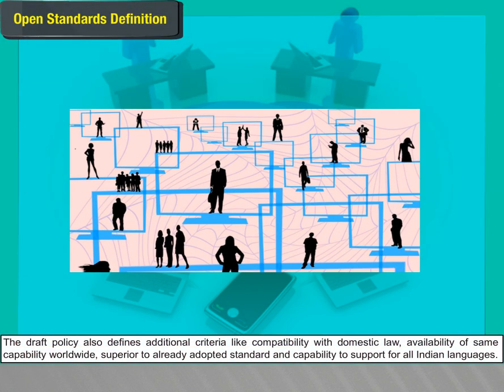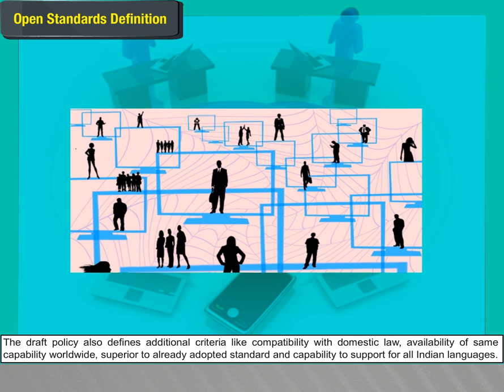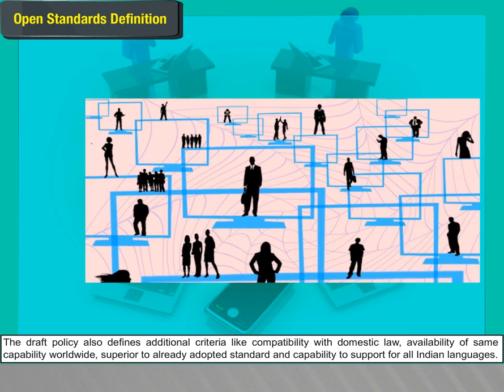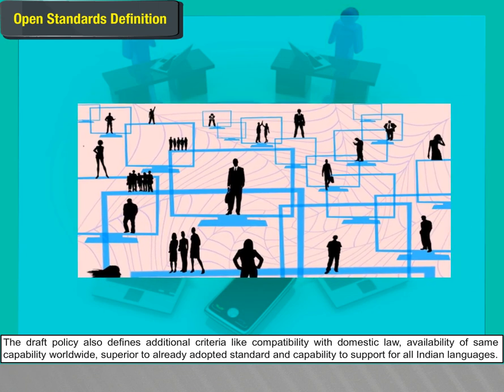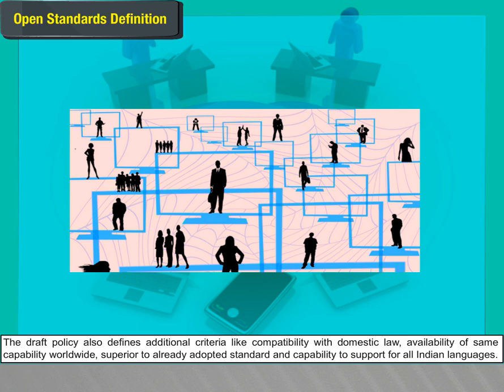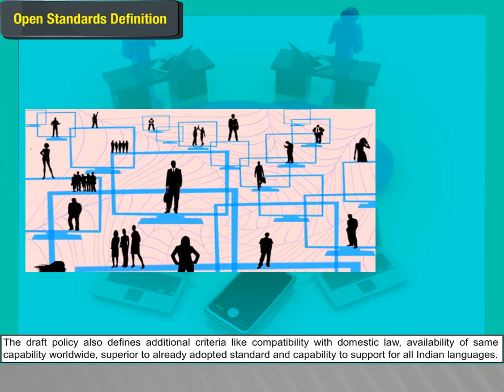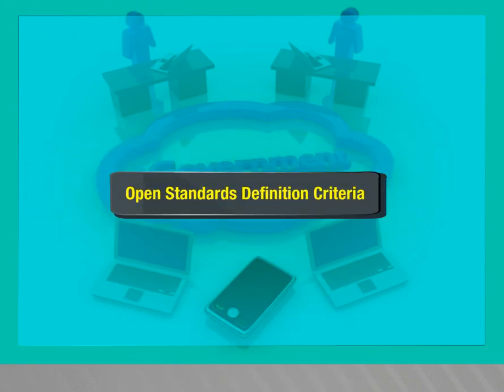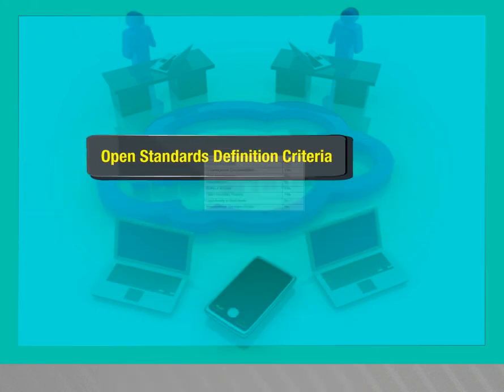The draft policy also defines additional criteria like compatibility with domestic law, availability of same capability worldwide, superior to already adopted standard, and capability to support for all Indian languages. Open standards definition criteria.